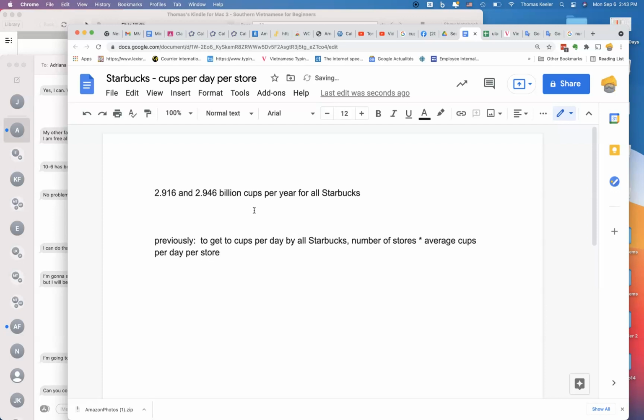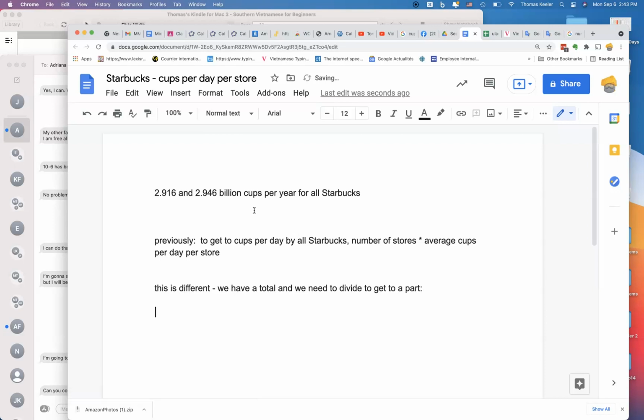And so now, you see how we multiplied there. And now this is different. We have a total, and we need to divide to get to a part.